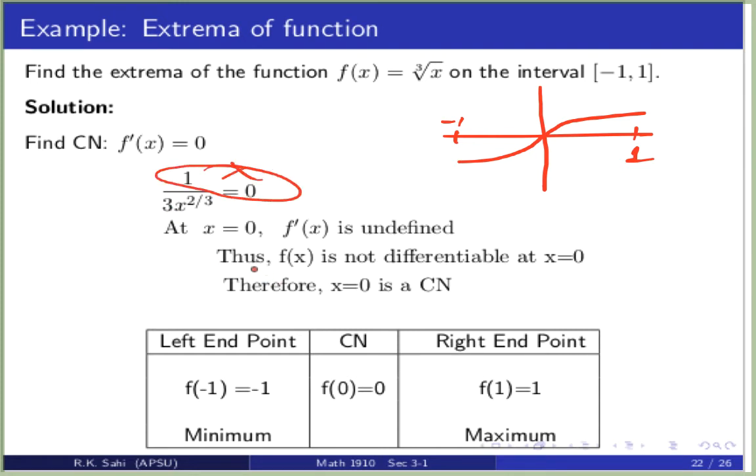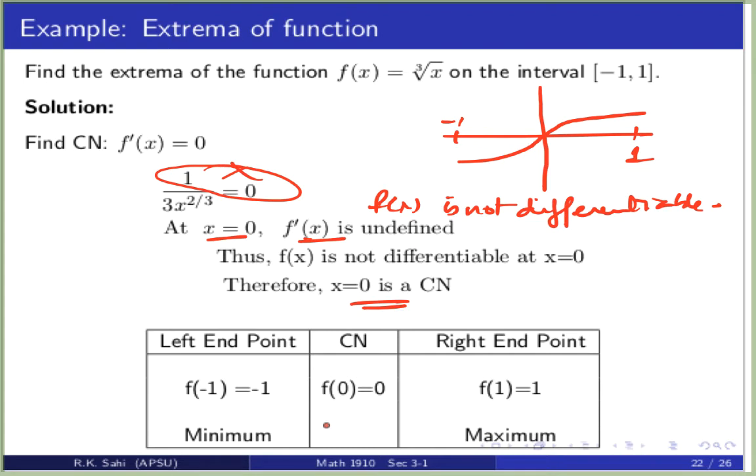So that means that at x equal to 0, the function is not differentiable, or f prime of x is undefined. You can say that the function is not differentiable. Either way is correct. Okay. So therefore, x equal to 0 is a critical number.